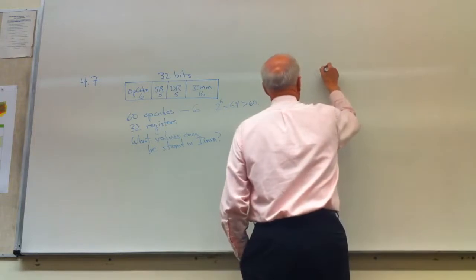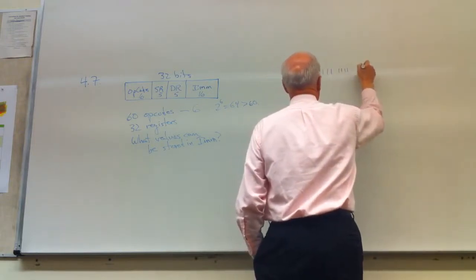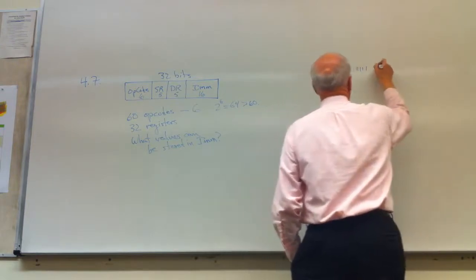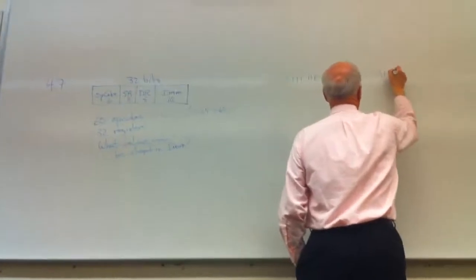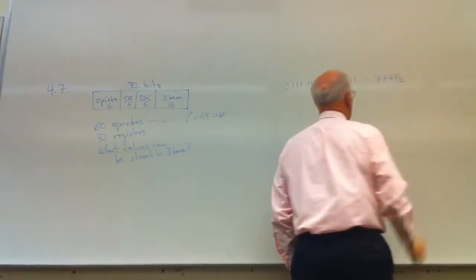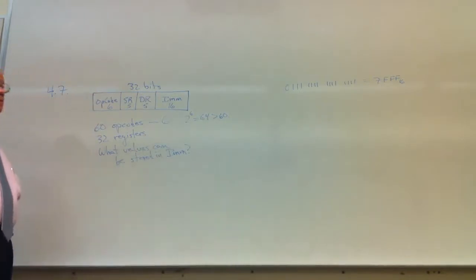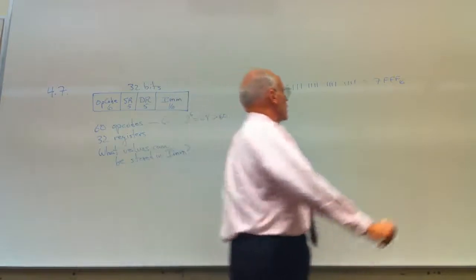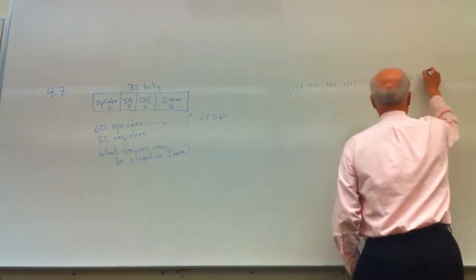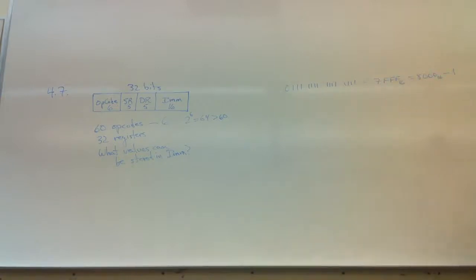The largest positive number is this. Now, if you want to figure that out quickly, just note that it's 8,000 minus 1.